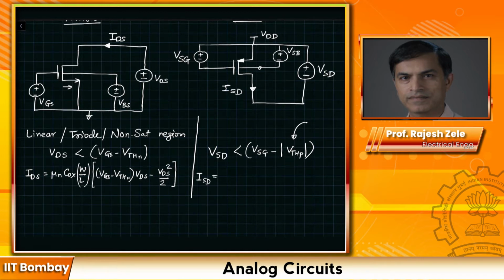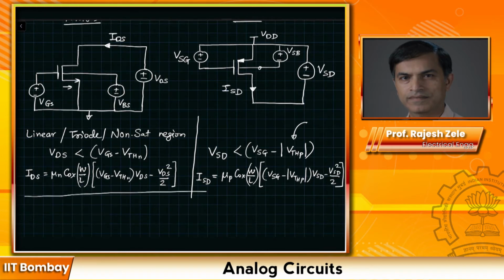Okay, and in this case, the current equation is going to be ISD equal to mu P Cox W by L of the PMOS device times VSG minus mod of VTHP times VSD minus VSD square divided by 2. So this is the equation comparison between NMOS and PMOS for the linear, triode or non-saturation region.